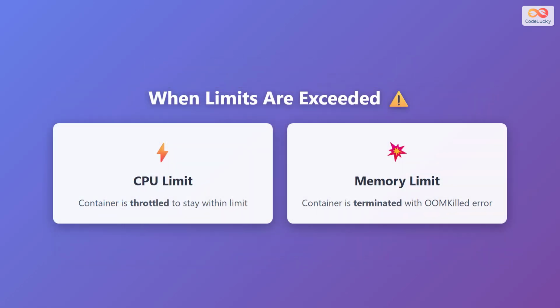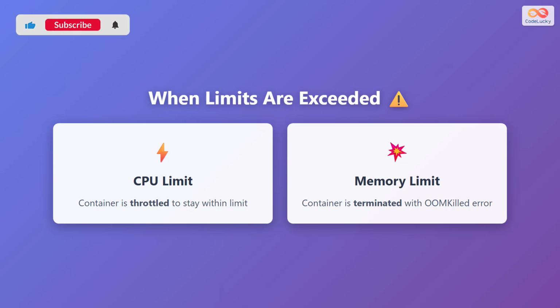Understanding what happens when a container exceeds its limits is crucial. CPU and memory behave very differently in these scenarios. When a container tries to use more CPU than its limit allows, Kubernetes throttles the container, slowing it down to stay within the specified boundary. The container continues running, but at reduced speed. However, memory limits work differently.